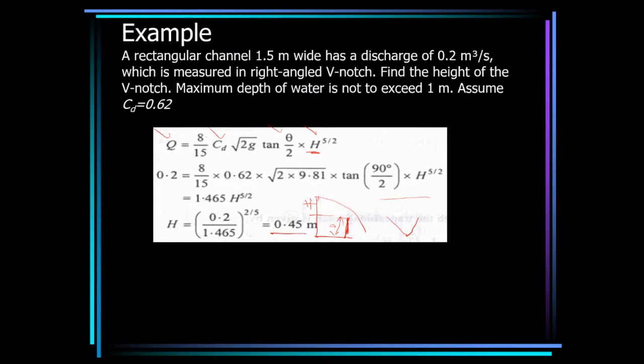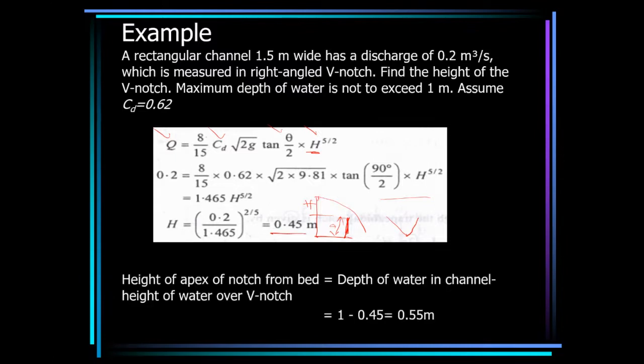And then, what is A? The height of the apex of the notch from the bed, which is A, is going to be the total depth of water minus H, the height of water over the V notch.